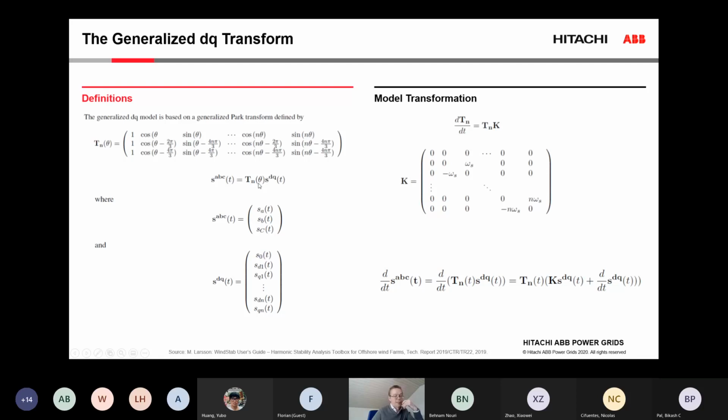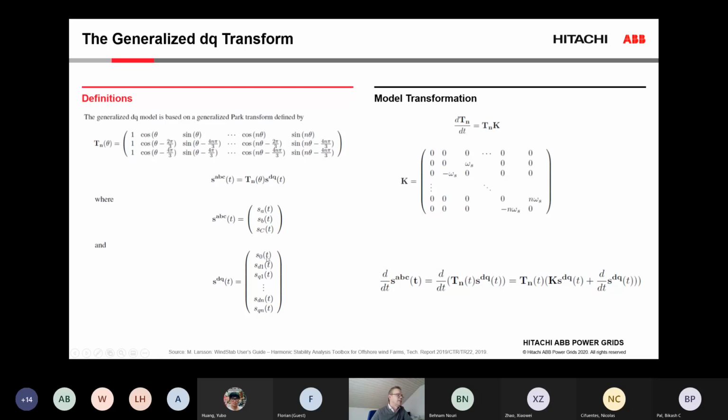You can go either way. But in our case, we can only go one way. We can always go from the DQ back to the ABC, but not the other way around, because you don't have enough information. So if we have any signal in the ABC frame, we represent that with the DQ components of the same.